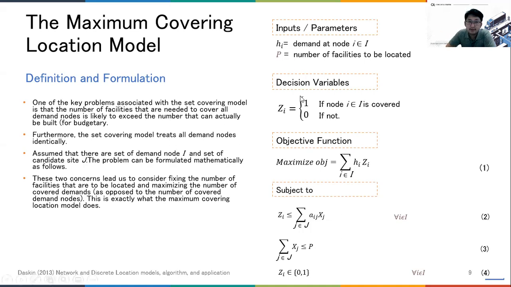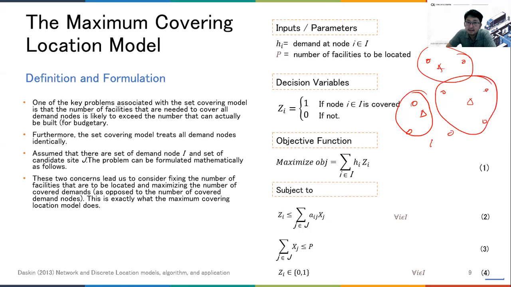For example, you have a lot of demand here, here. Let's say like this. But your ambulance coverage is like this, and then here is like this, and here is like this. Let's say you are allowed to open only two locations.